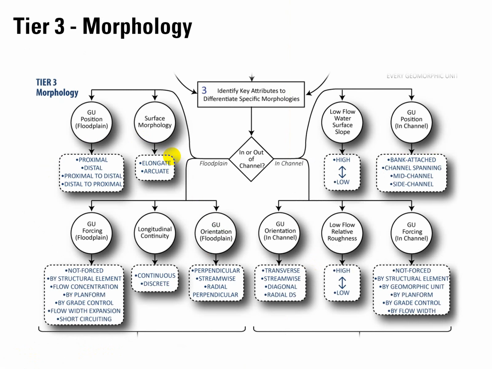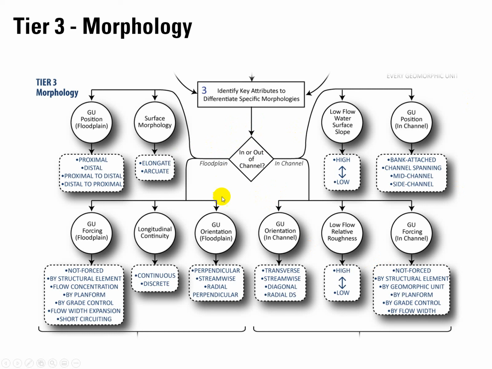So tier 3 is all about breaking things up a bit further. And what you end up with out of this mess, so don't freak out about this just yet, are the names you guys are probably used to. What I keep alluding to: a pool, a bar, a riffle, that sort of stuff. Okay, this is just how you get there.